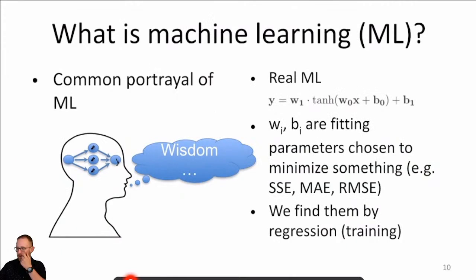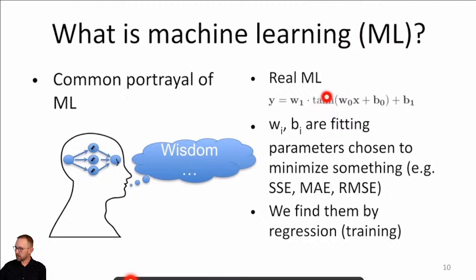Okay, so what is machine learning here? On the left, we have the common portrayal that it's some kind of mystical machine learning algorithm that is like a human mind and outputs wisdom. But what I want to emphasize is that real ML looks more like this equation, not like this kind of graph over here. This equation is just the equation for one layer of a neural network that has a linear activation of the input x, so Wx plus b is like a linear activation.